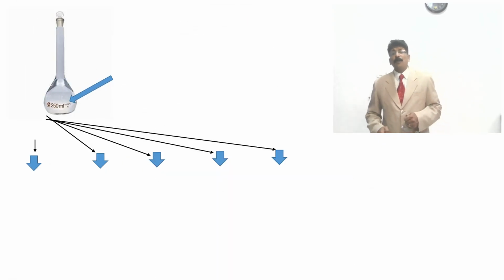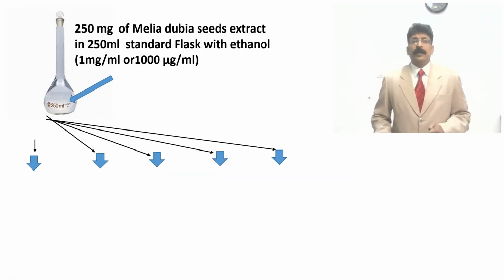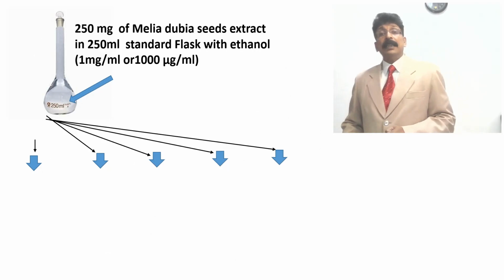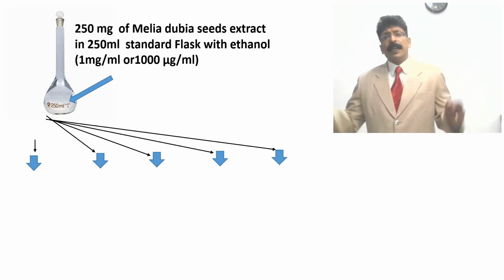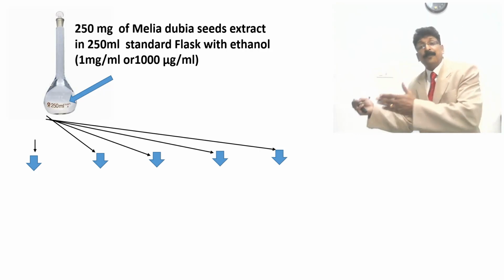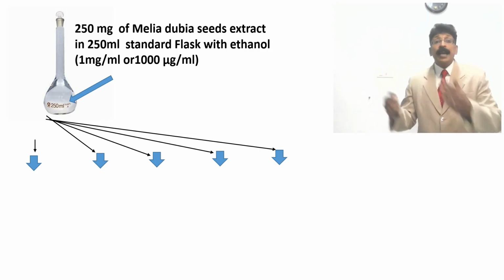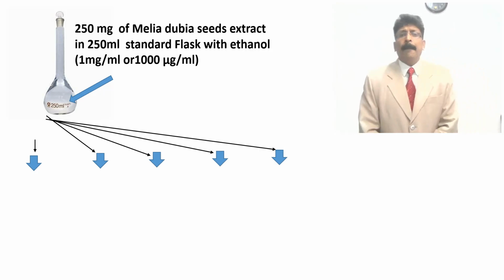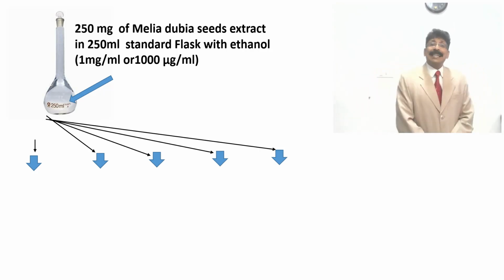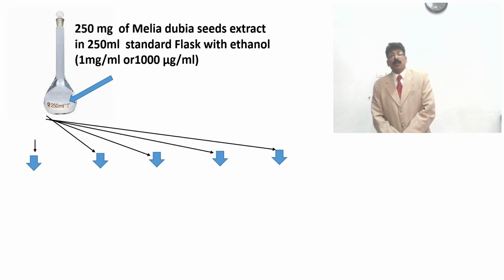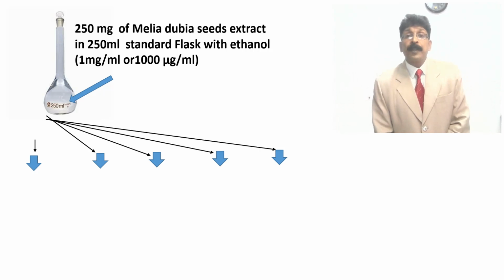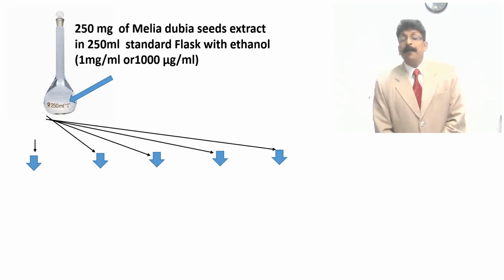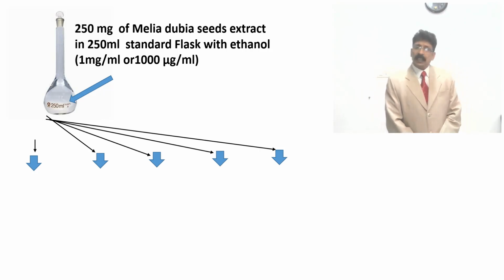So how are you going to prepare the dilution? First we start with the sample, the Melia dubia extract which you have taken. The yield has already been calculated; that is a different experiment which you have done. We take 250 milligram of Melia dubia seed ethanolic extract and add it to a 250 ml standard flask, as shown in the picture, and make up the volume with ethanol.